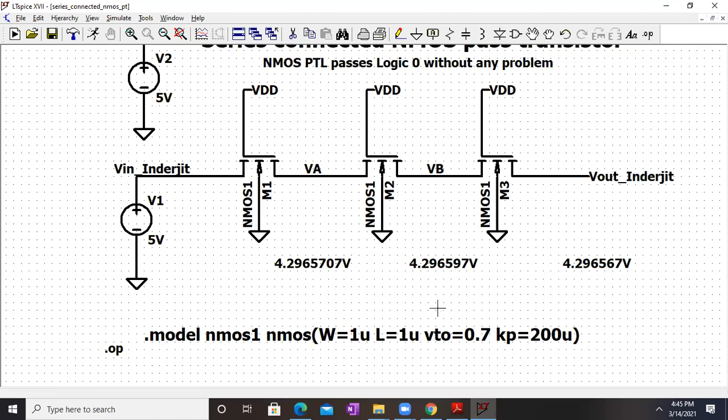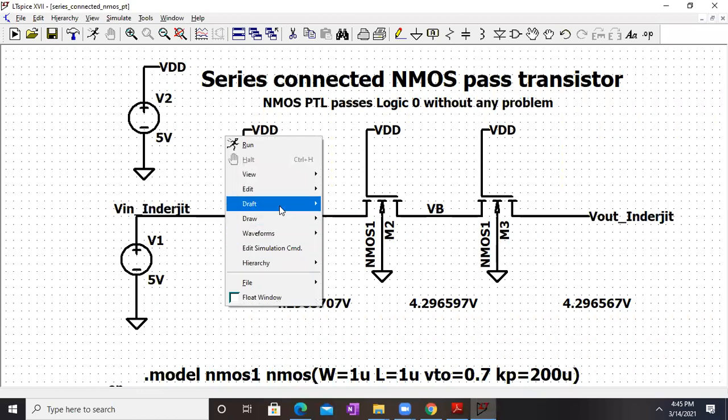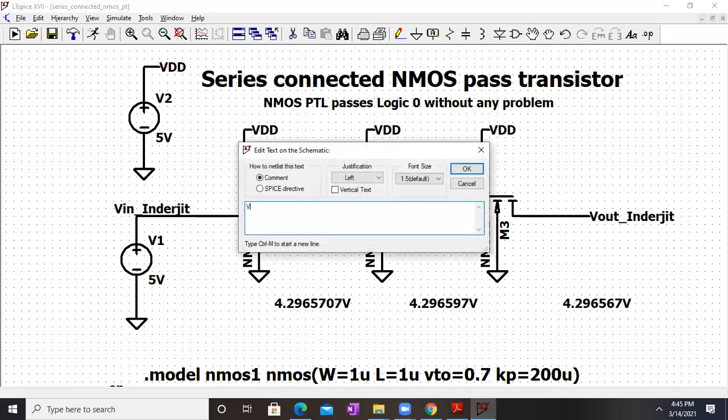Now guess why 0.7? Because it is VTN. That means if we apply 5 volt over here, the output will be VDD minus VTN voltage. So your VA voltage is actually VDD minus VTN. Let me write it over here. This voltage is VDD minus VTN, which is the same as 5 volt minus 0.7, because we have given the threshold voltage as 0.7 volts.